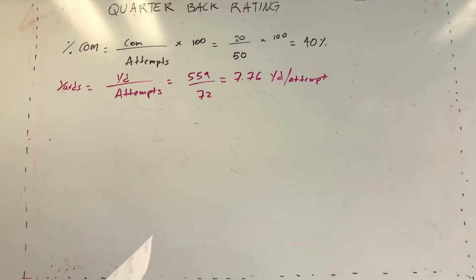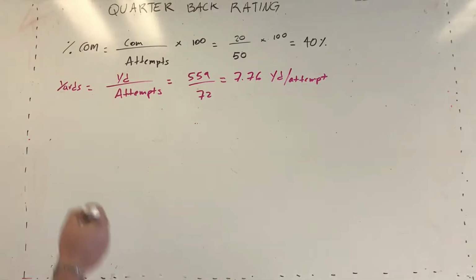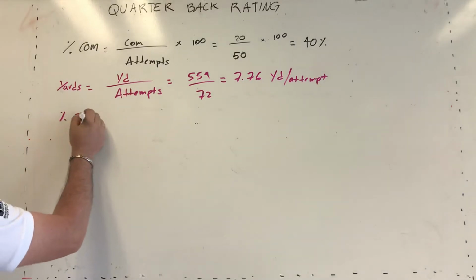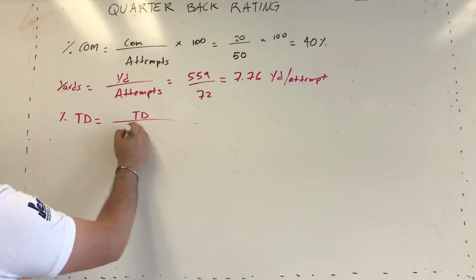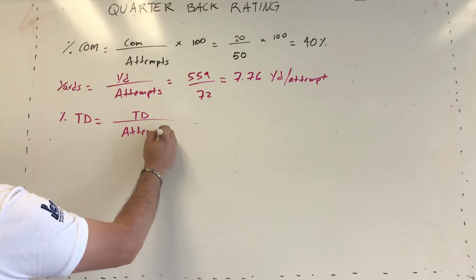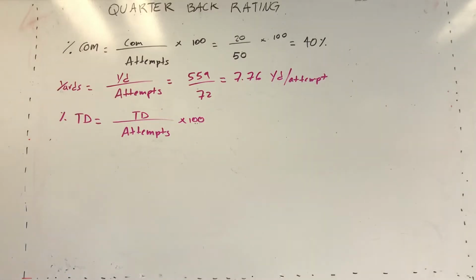All right, another, the percentage of touchdowns. We get this when we divide the touchdowns by the attempts, and we multiply times 100 also.